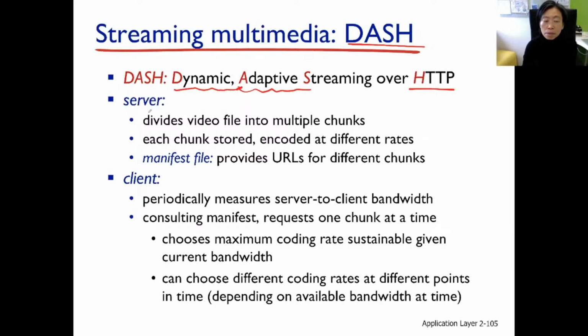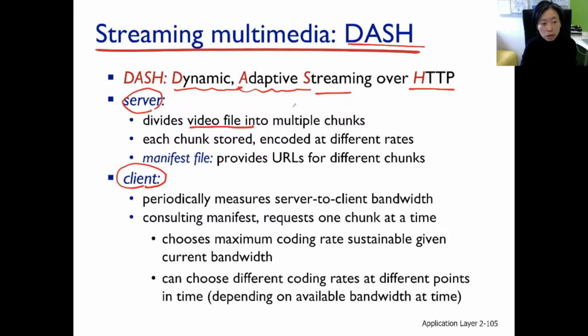The main intelligence is actually at the client side. What the server does is prepare things such that the client can be intelligent about streaming video over the internet. Video files are usually large, and usually many frames are played or transmitted over time.